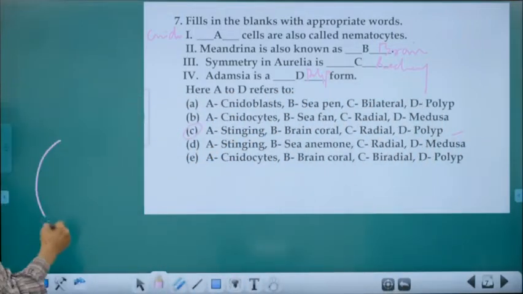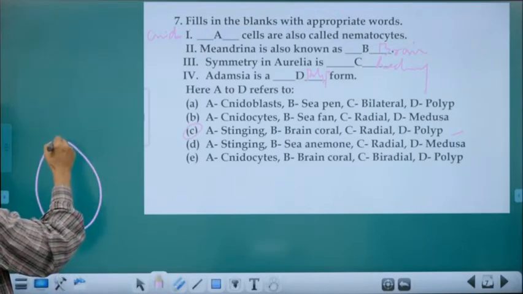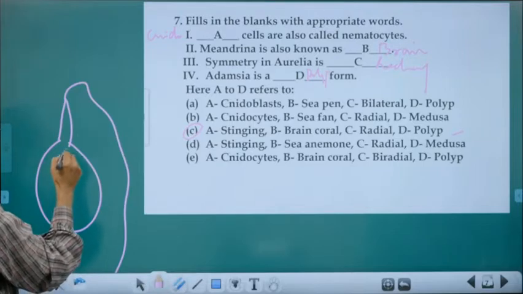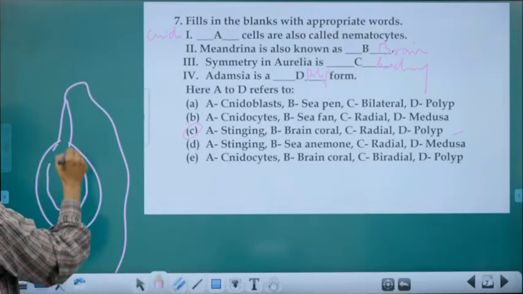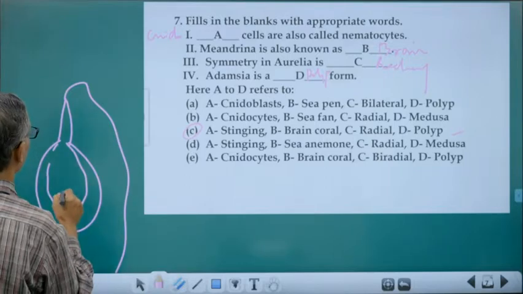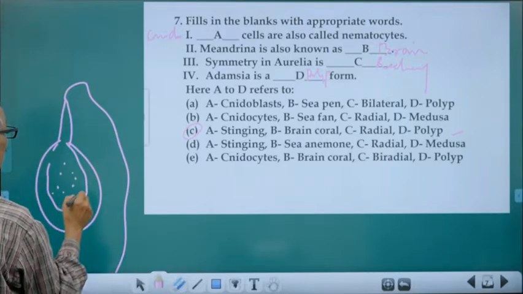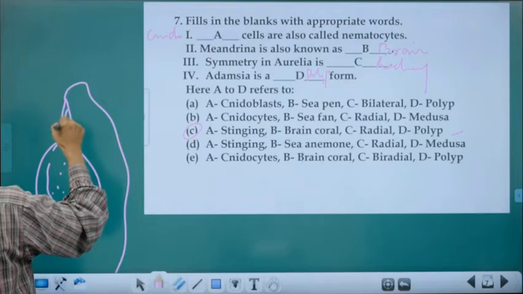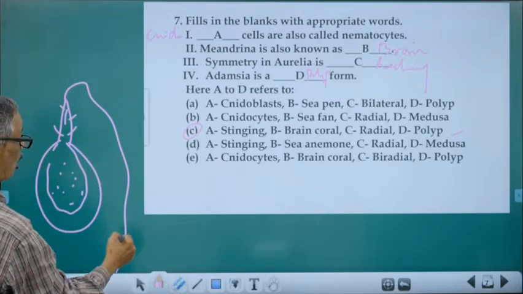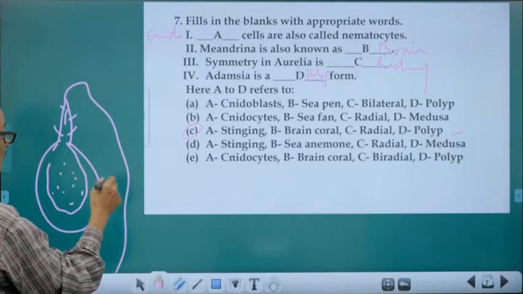Nidoblast cells are characteristic of, see, when these cells are activated, there is a bladder-like structure, nematocyst, in which you are having a hypnotoxin, and spines are present at the base of the butt, and this is the long thread by which the enemy is captured.